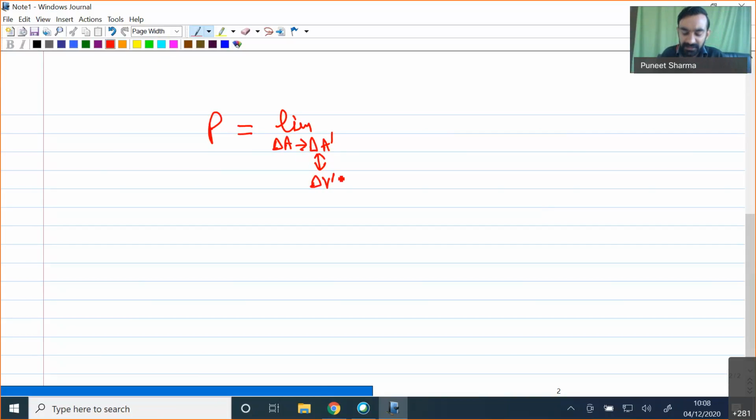It means it is also corresponding to the scale above which our assumption of continuum is valid. Now we know that pressure is force per unit area, so I can simply write it over here as delta F divided by delta A. So this is the mathematical definition of pressure.